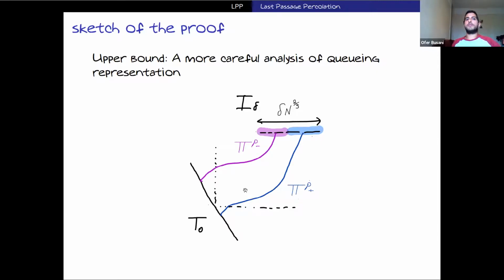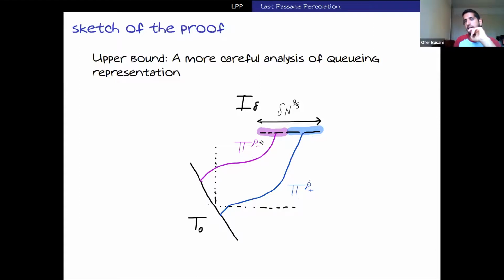The second thing we needed, for the upper bound, is a more careful analysis of this queuing representation, of this whole queuing business. Because essentially what we needed to show is that the purple and the blue geodesics, when they cross I delta, cross at different points.